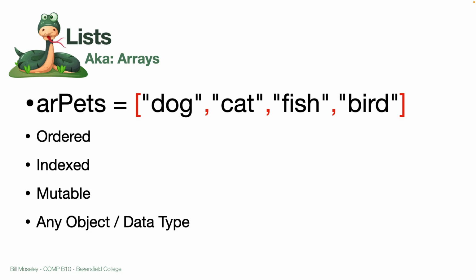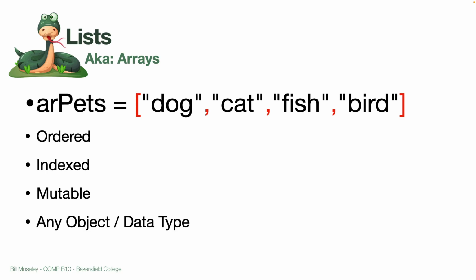In a list or array, we say 0, 1, 2, 3. So if I want to remove dog or change dog or add something in front of dog, I'm going to refer to item 0 in this list. That's how I access that one. So it's indexed. Ordered means it stays the same order. Indexed means it's got a number associated with each one.